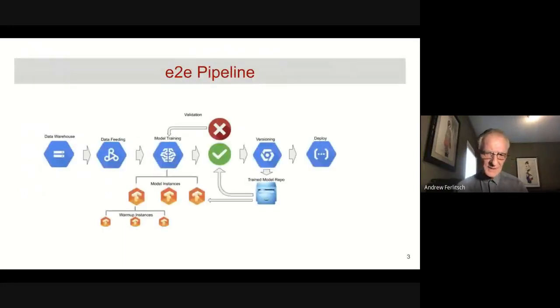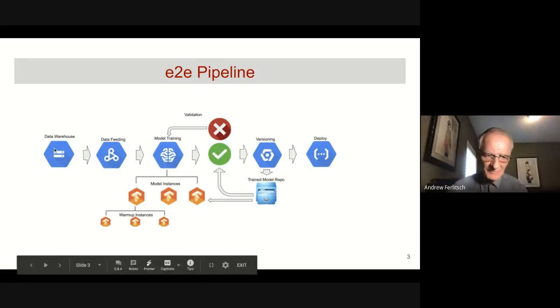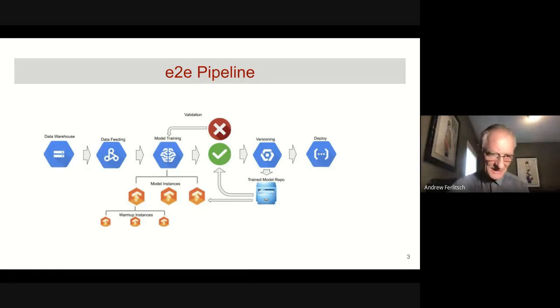So let's just take a step back for a moment and look at a basic end-to-end production pipeline. Okay, so we start here with some method that you are warehousing your training data. This is the data you're going to use to train your models.